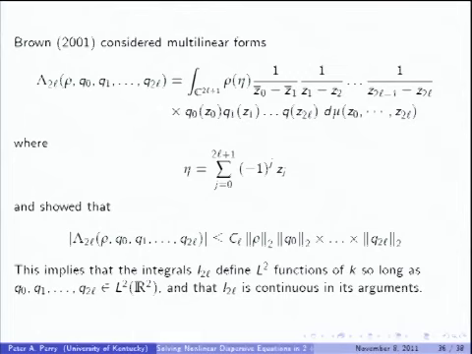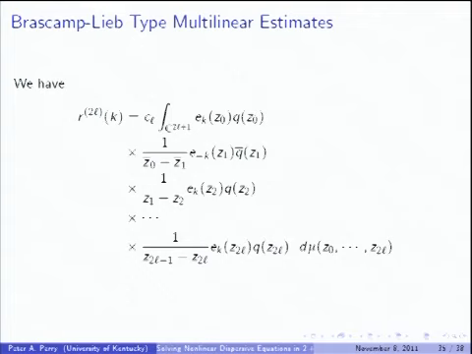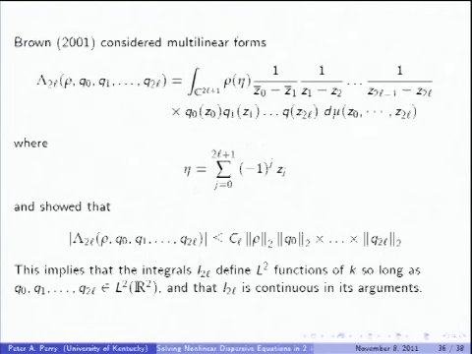So that means that the integrals that occur in the pieces of R corresponding to these intermediate terms all define functions in L2 with respect to the k variable if Q is L2 in the original variables. This is really the other key thing, these multilinear estimates.